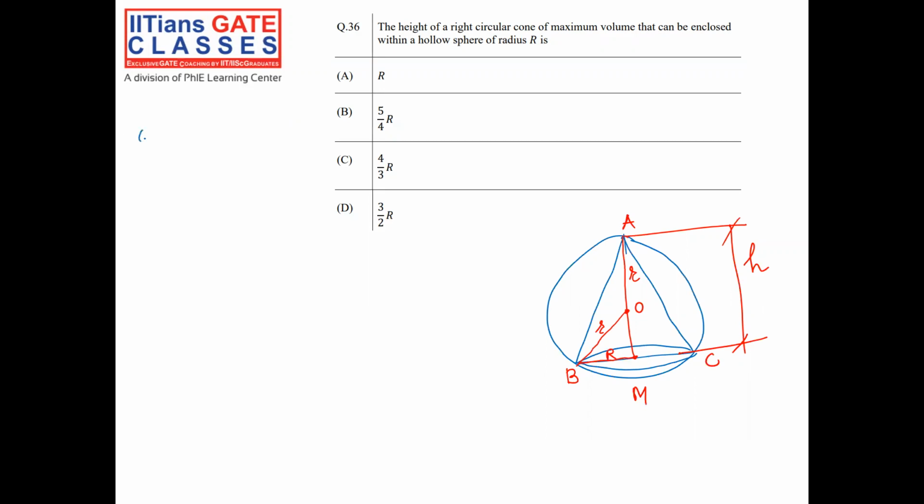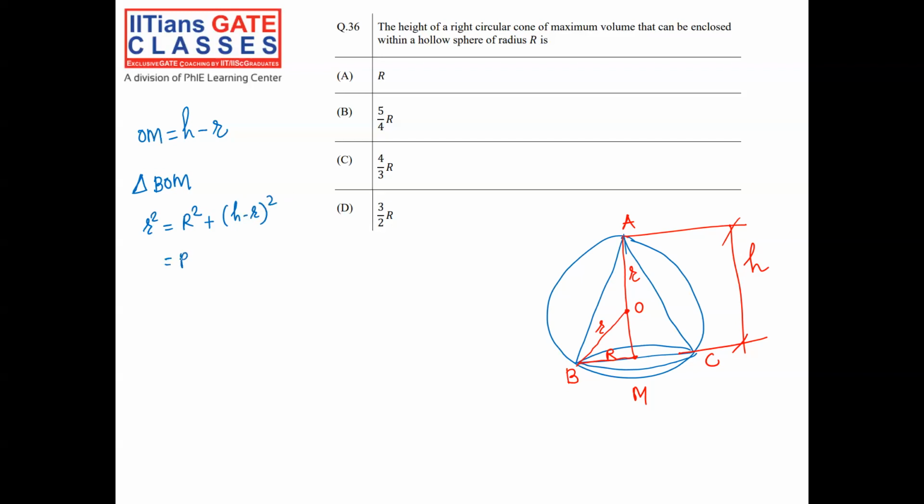OM can be calculated as the height of the cone minus the radius of the sphere. Small r is the radius of the sphere and h is the height of the cone. Now in triangle BOM, by Pythagoras theorem, r square can be written as capital R square plus OM square, which is (h minus r) whole square.